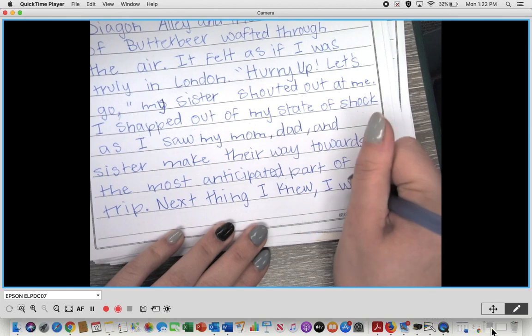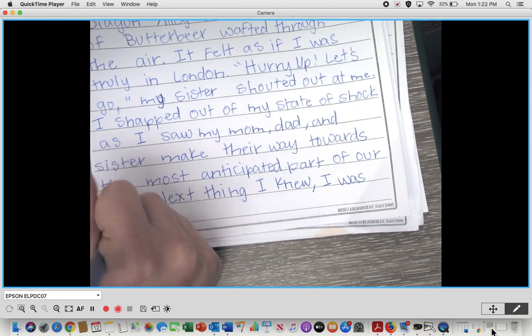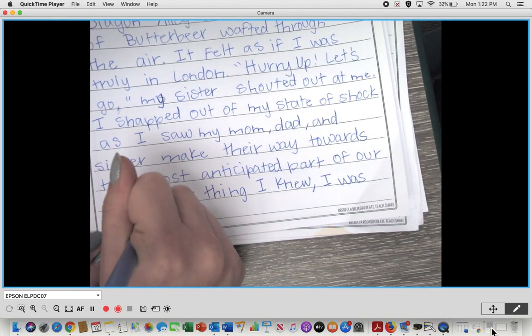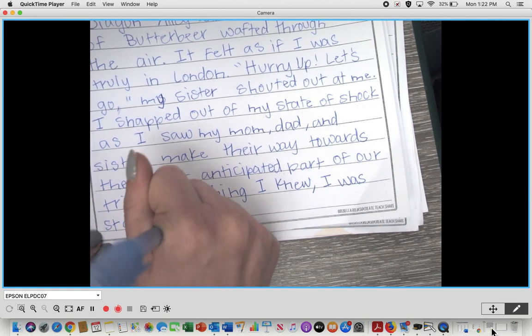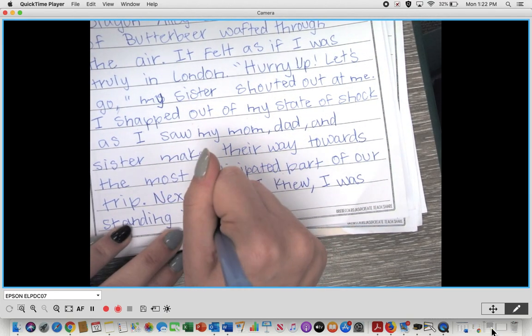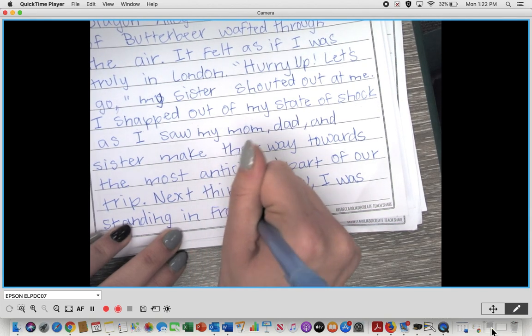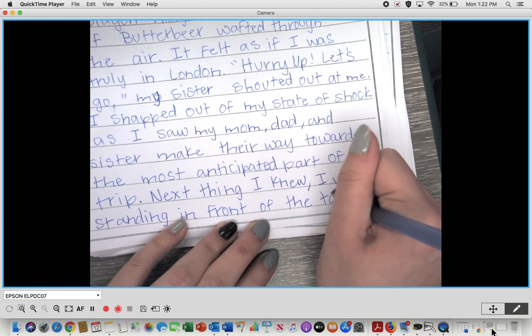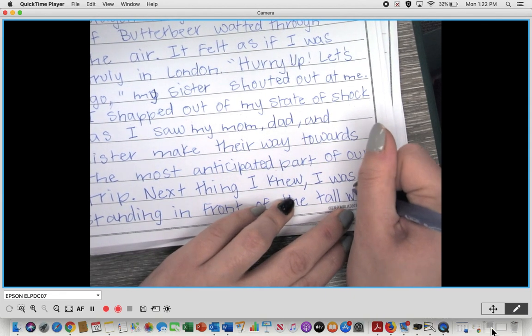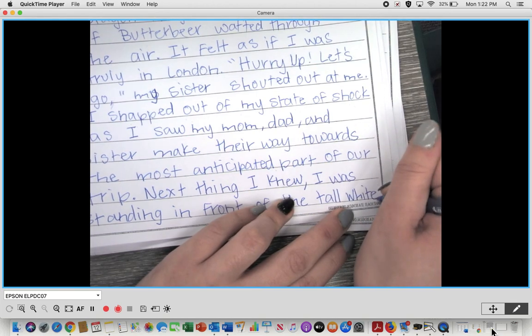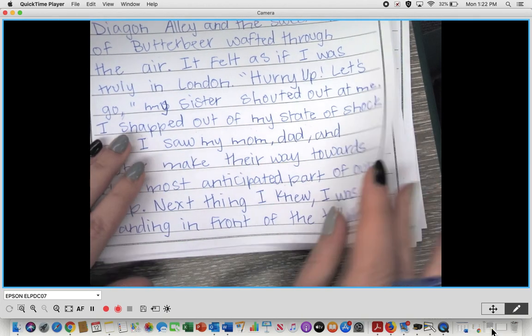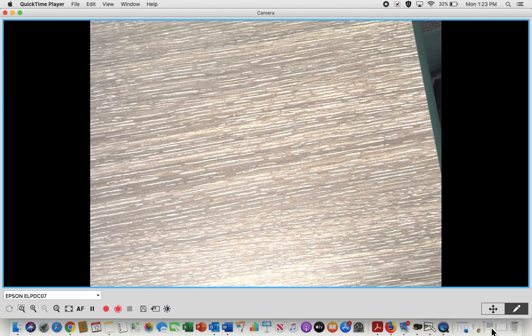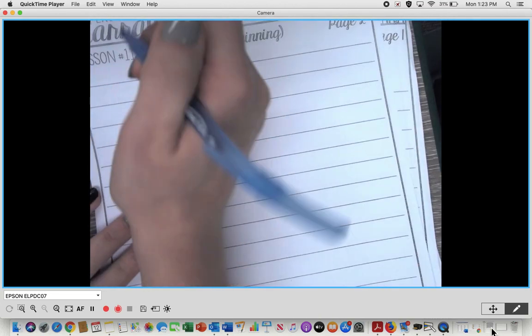I was standing in front of the tall, white, and you can see I'm already finished through this first page. There are more pages, so I'm gonna flip. So next thing I knew, I was standing in front of the tall, white building.